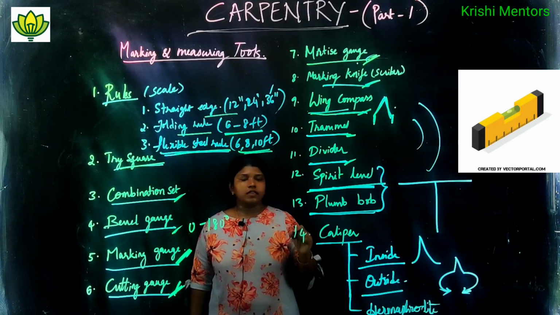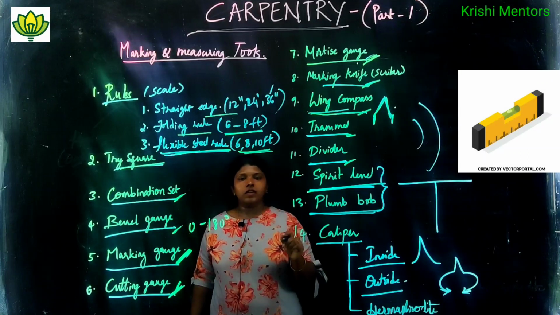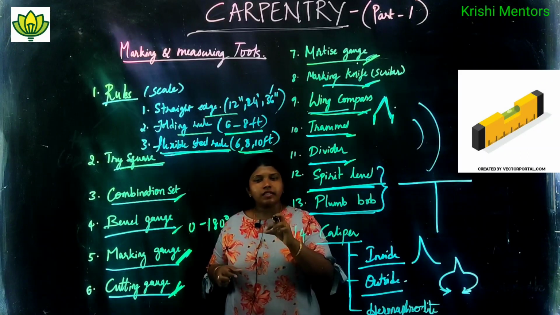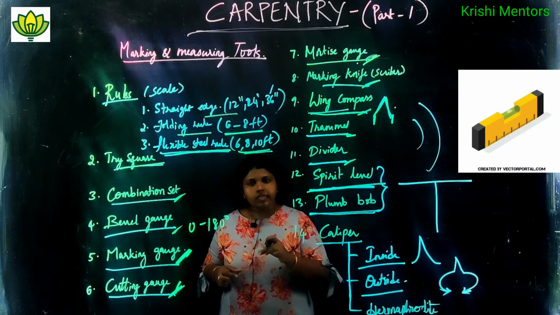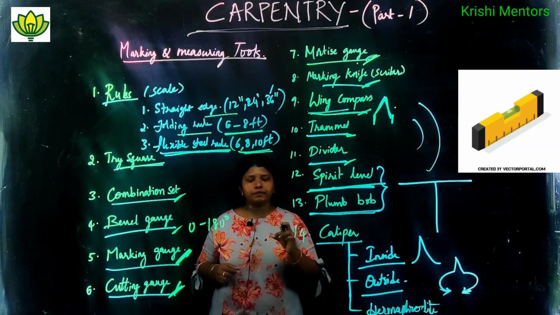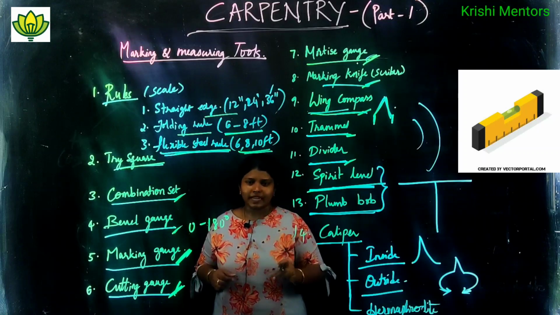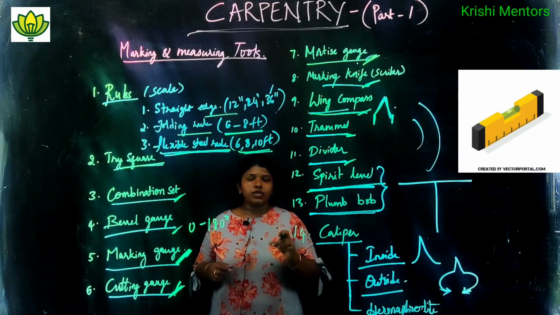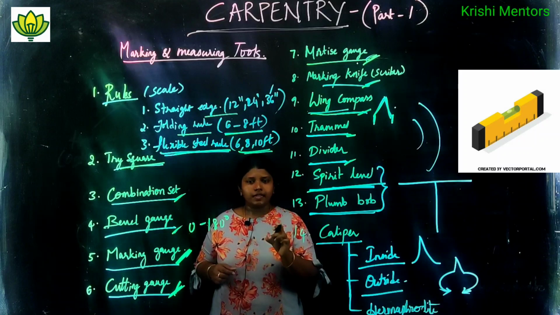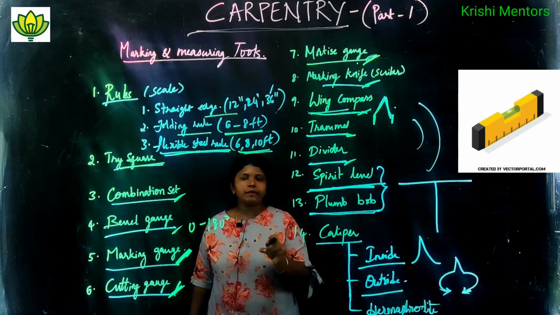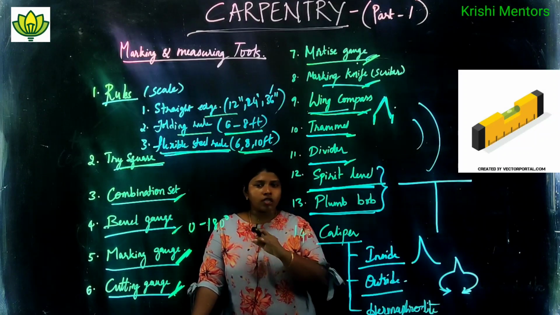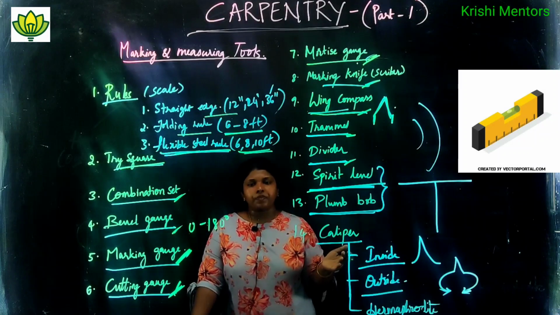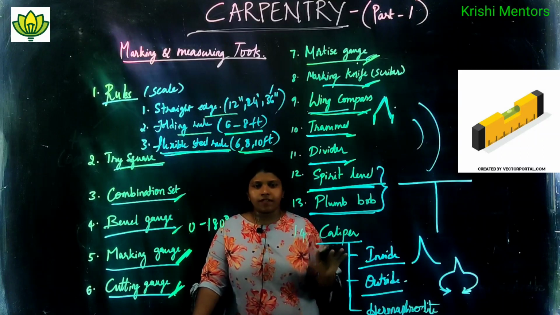Here in the spirit level we will be having a wooden block, in that a cylindrical glass is encased, and in that cylindrical glass we will be having a spirit or ether. It will be having an air bubble in it. This air bubble specifies the plainness or horizontalness of the surface that we have made.